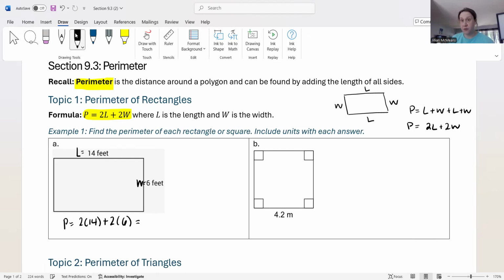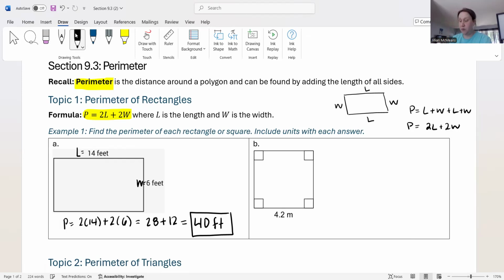So we want to make sure we follow the order of operations, which means we want to do the multiplications first, the additions second. So 2 times 14 is 28. 2 times 6 is 12. And then finally, we just want to take 28 plus 12. So 28 plus 12, we'll see, plus 10 will be 38, plus 2 more is 40. So we would get that the perimeter of this rectangle is 40 feet.